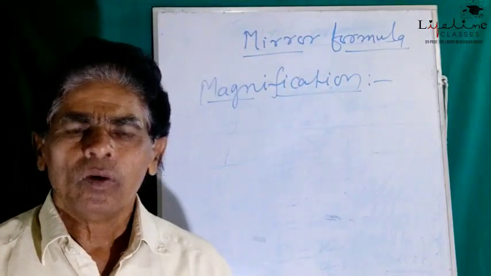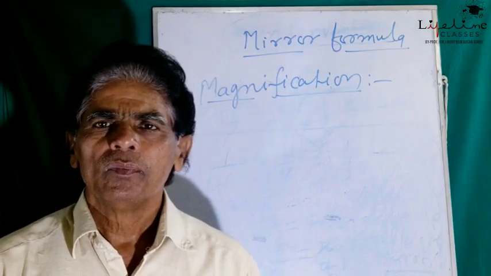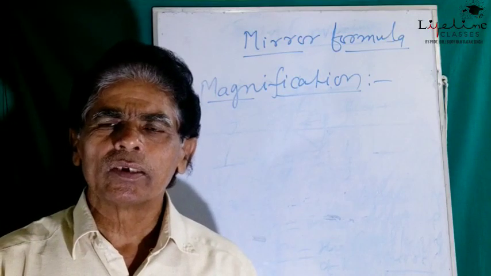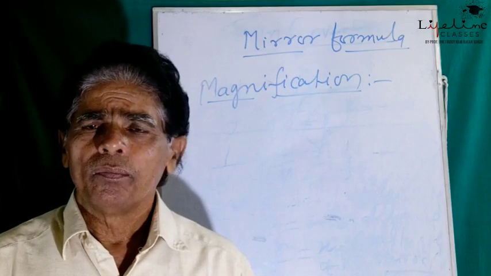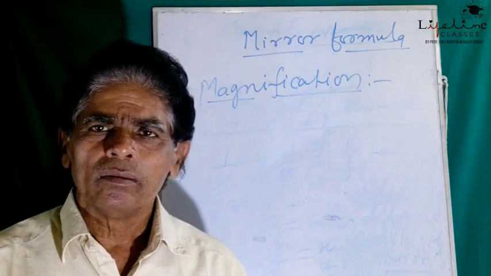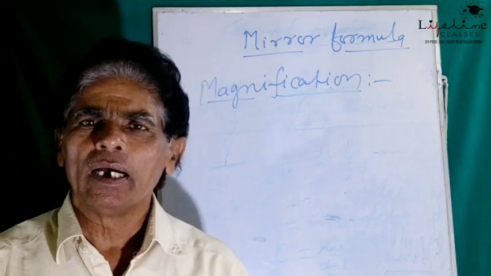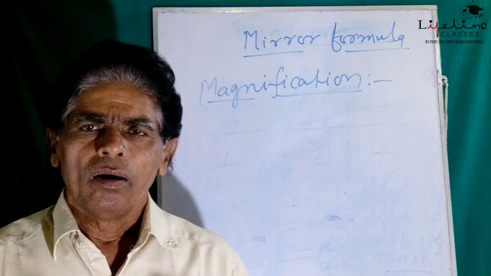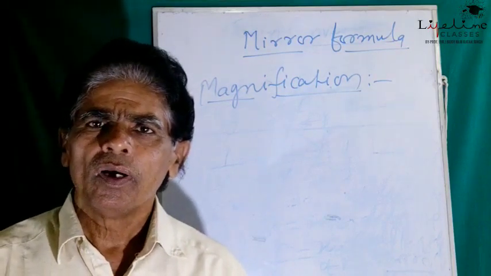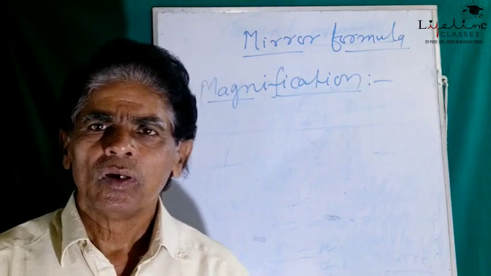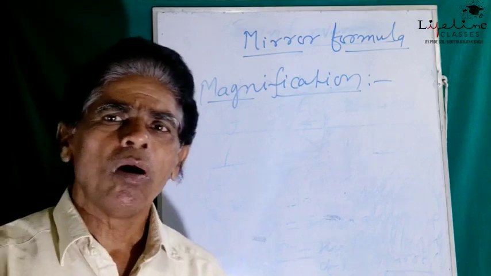Magnification is nothing but the ratio of the image distance to the object distance. In conceptual manner, we can say that magnification is the degree of enlargement of the image as compared to the object.